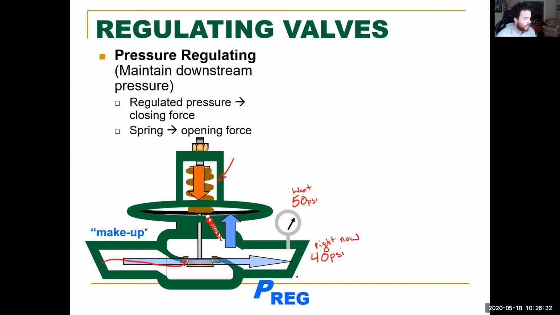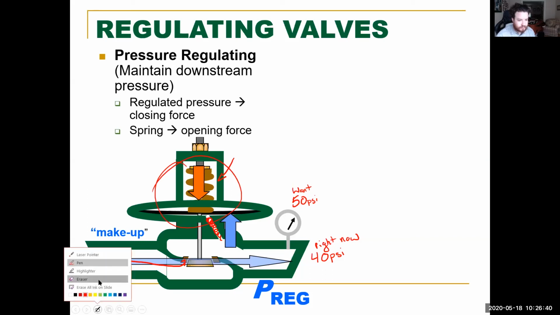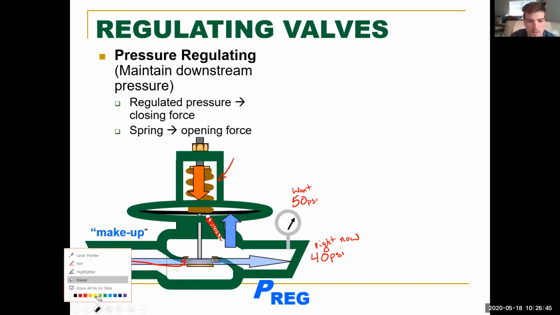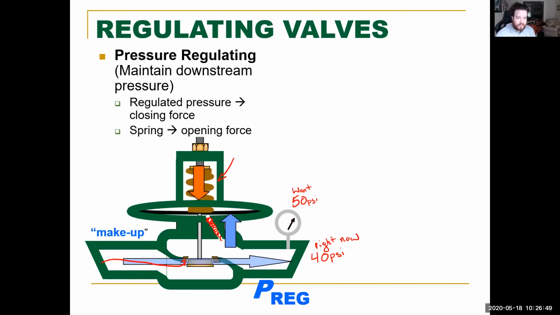What is going to happen? What's happening inside of this piece right there? So with 40 PSI is what you're asking, right? With 40, what's happening? Yeah, we want 50, but we have 40. What's physically happening inside of here? So the spring is holding the valve open right now, correct? 50 would close it.